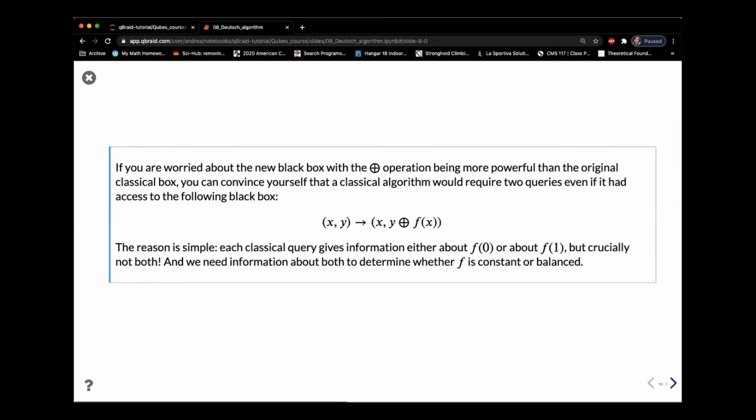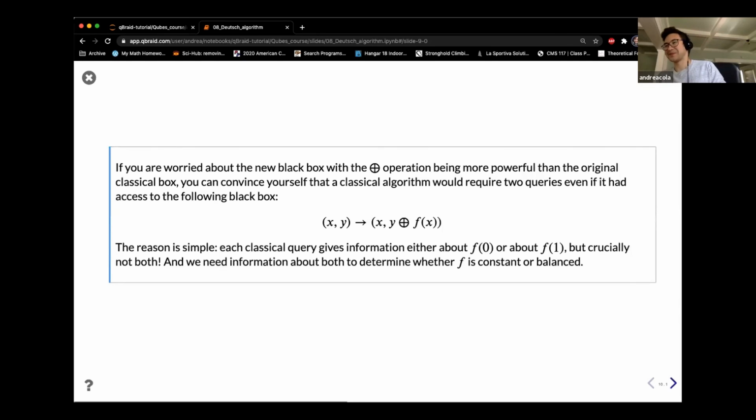Y is completely independent of f of 1. So if your x is 0, you will only ever get information about f of 0. If x is 1, you only ever get information about f of 1.